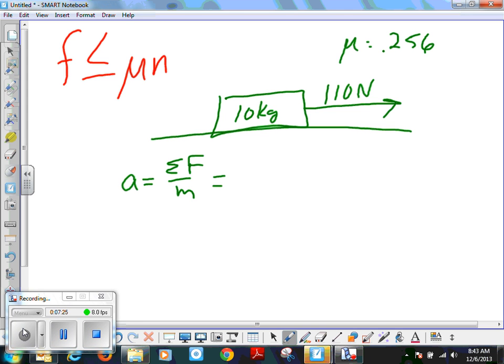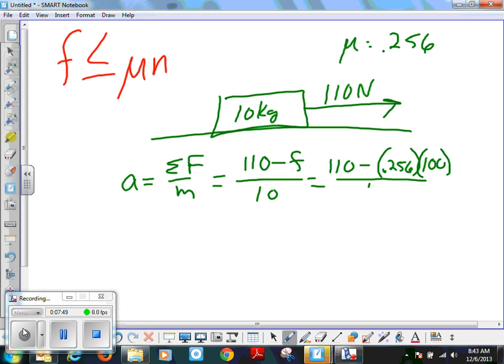And in this case, the summation of forces is 110 minus the force of friction divided by 10. Right? So 110 minus the coefficient times the normal, which is 0.256 times 100 for the normal, all divided by 10, will give us our final acceleration.